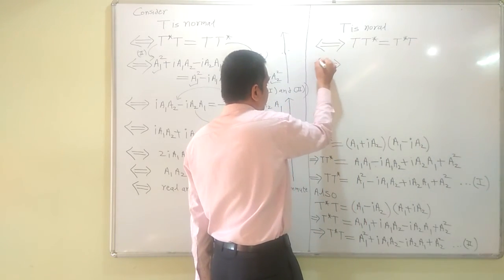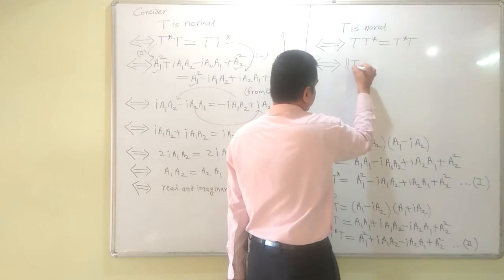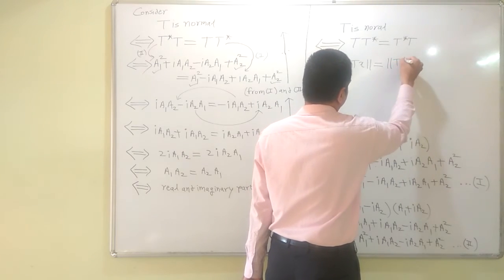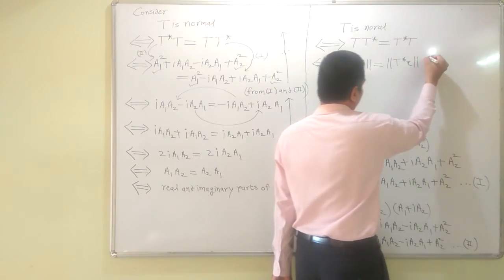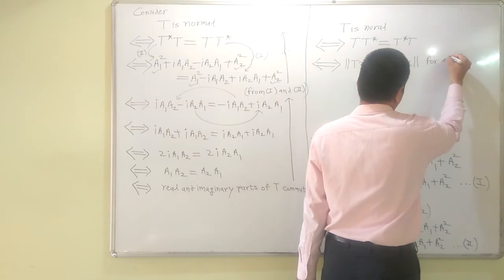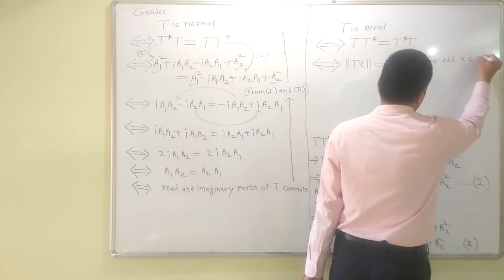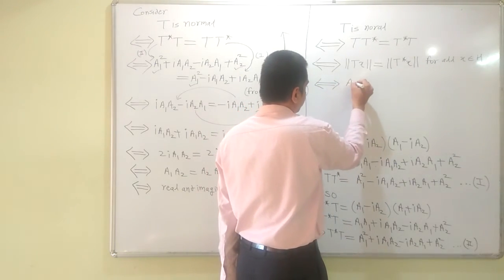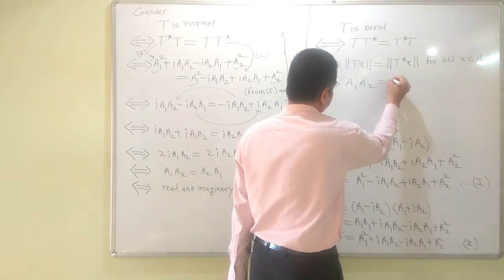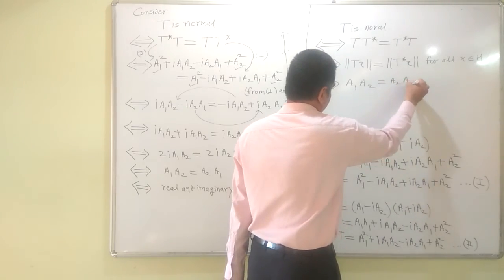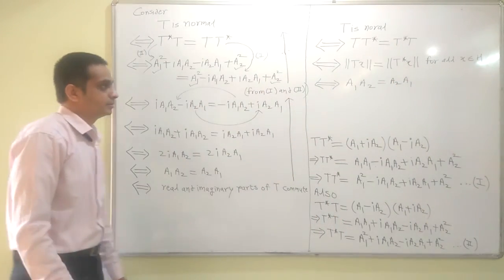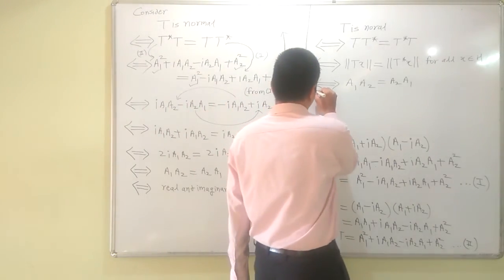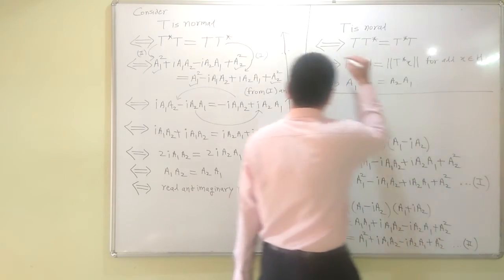This is true if and only if, as proved in an earlier lecture, norm of Tx is equal to norm of T star x for all x belonging to H. And this is true if and only if A1 A2 is equal to A2 A1, where A1 and A2 are the real and imaginary parts of T respectively.